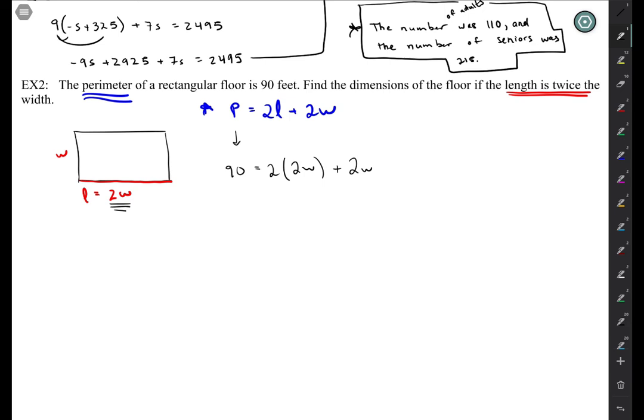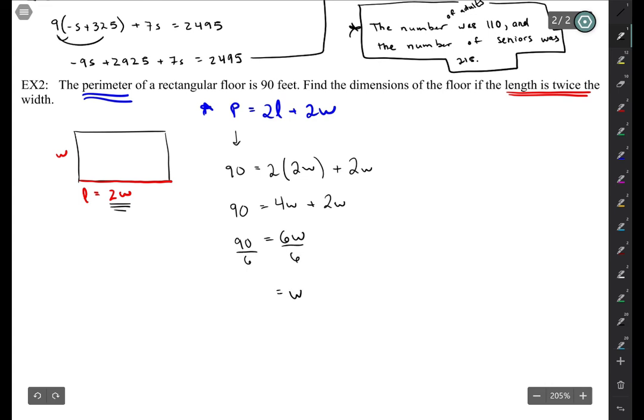From there then, it's just 90 is equal to 4w plus 2w, or 90 is equal to 6w, and we'll divide by 6 to find the width. And 90 divided by 6 is 15. And that just means the length is 2 times the width.